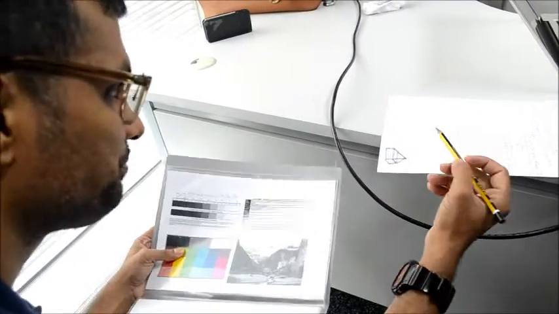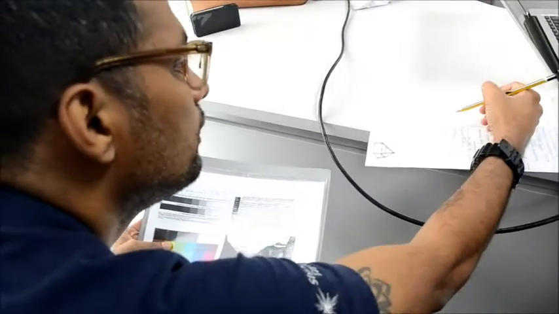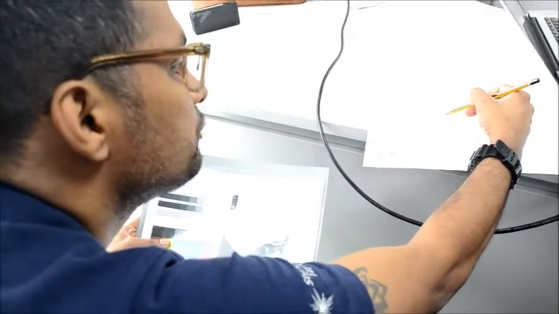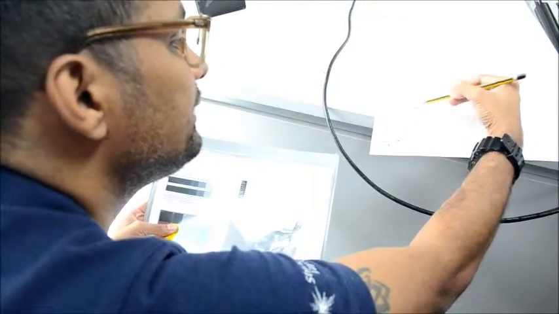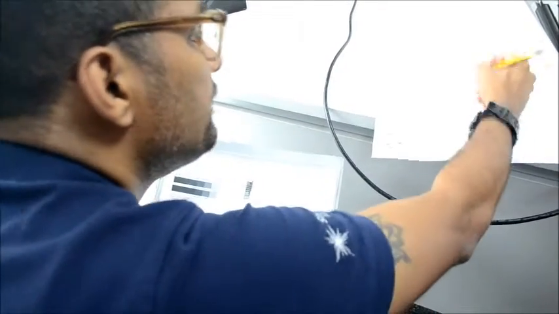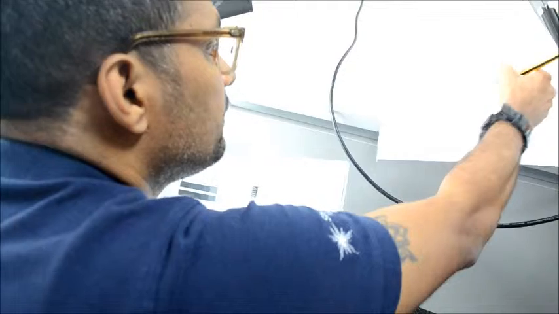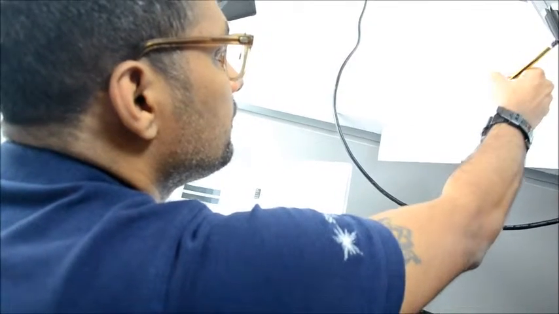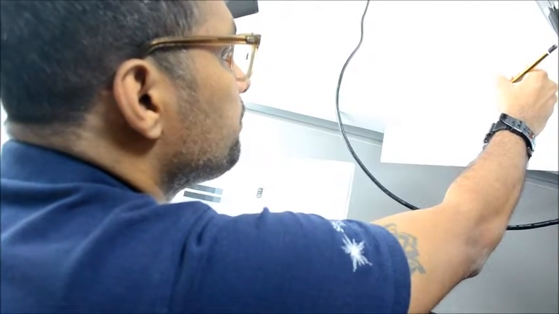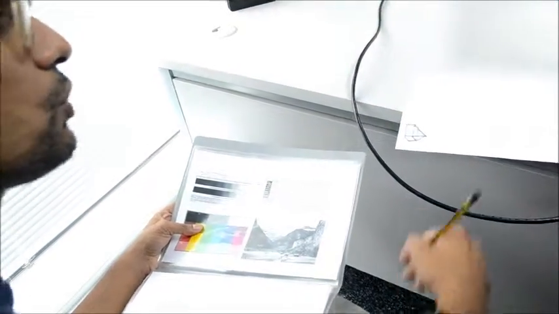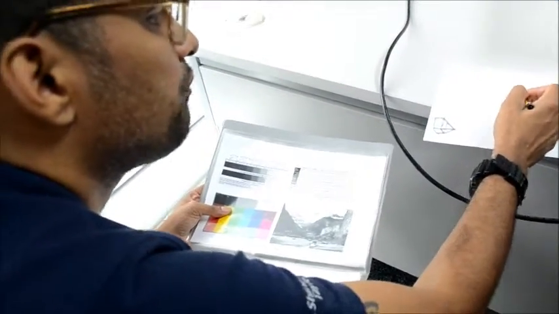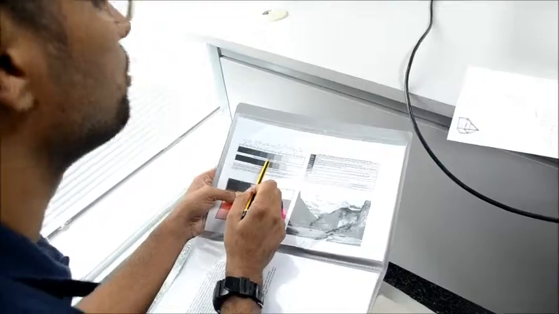Okay, good. Alright, so now I look at the aperture, it's 4 here, it's 5.6 here, and it's 6.3 and 8 here. What is the difference? 8, 5.6 and 4. Okay, so this is zone 5, so that means this is accurate exposure to me.